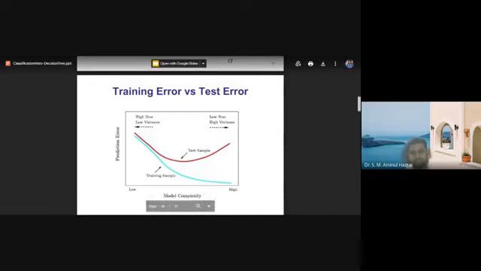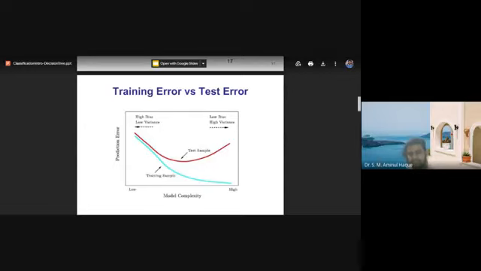When we increase the model complexity from low to high, the prediction error decreases for both training and test samples, right?